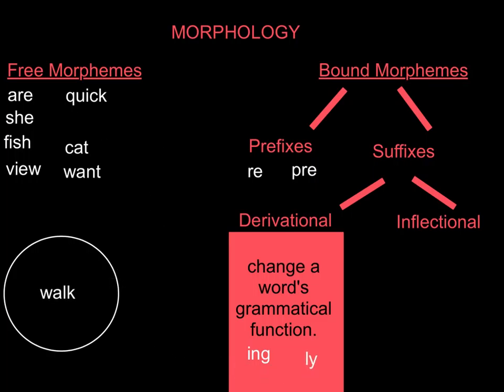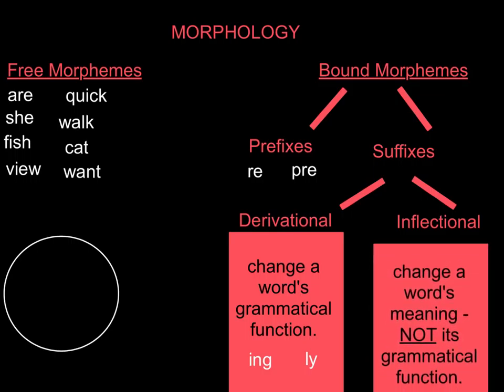I can take a very traditional verb like walk, but when I add a derivational suffix to it, like ing, I can change it into a noun. Listen to this sentence. Walking is good for you. In that sentence, walking is behaving as a noun. So it went from a verb to a noun. That's what derivational suffixes do.